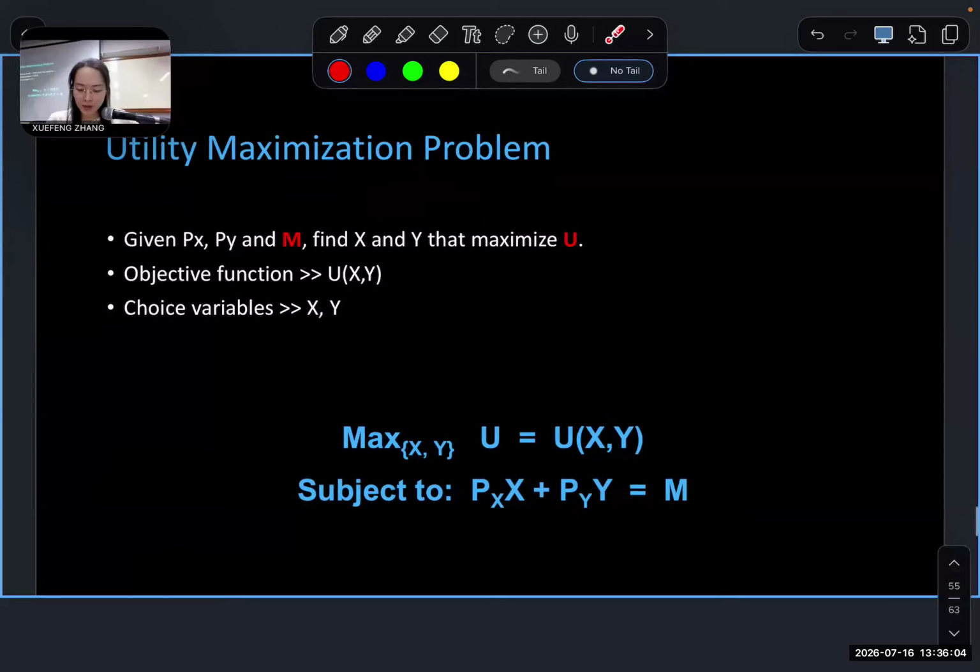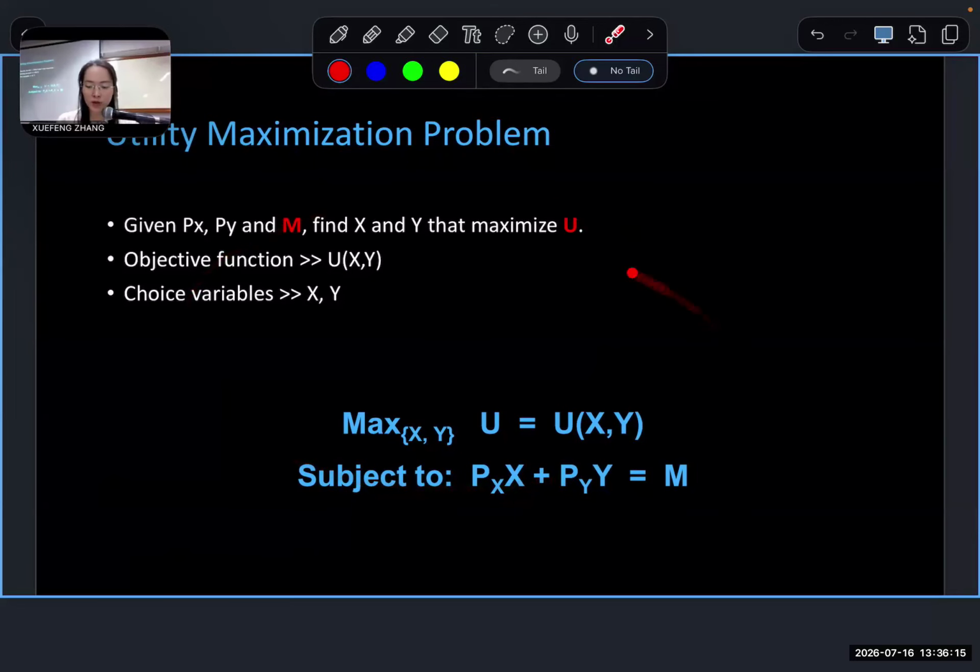Okay, let's move on. Here is the formal setup of what we've been doing all along. You saw this one before, right? You are given the price of X, price of Y, and income, and you need to find X and Y that maximize your utility. So the objective function is our utility function, and the constraint is the budget constraint.